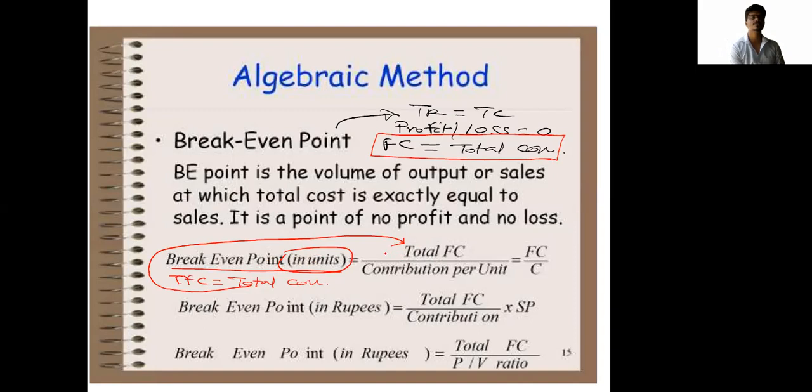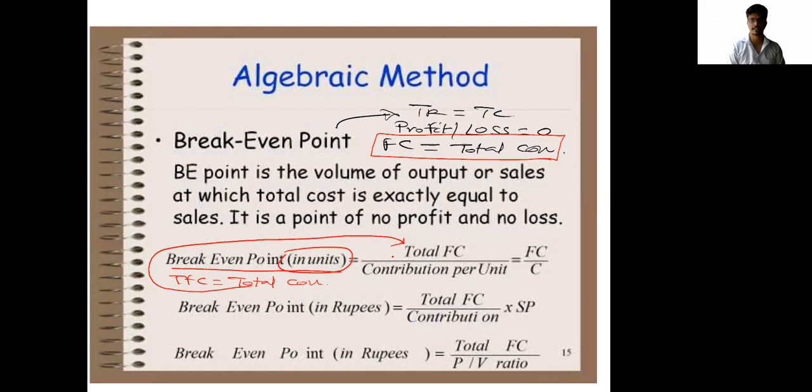It looks like the value of that particular bundle of mangoes, and if we know the per unit price of mango, then bundle price divided by per unit mango price, we can get the number of mangoes available in that bundle. Likewise, if we know the total contribution and the contribution per unit, we can identify the number of units.